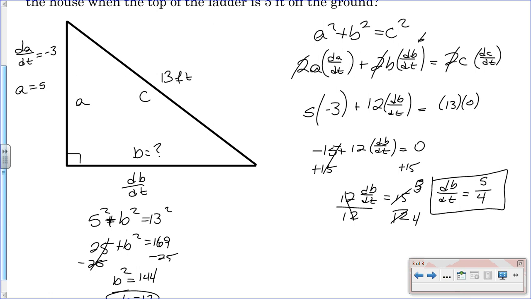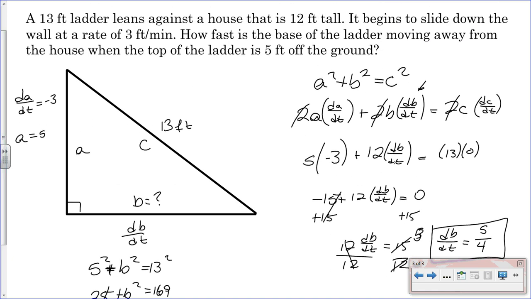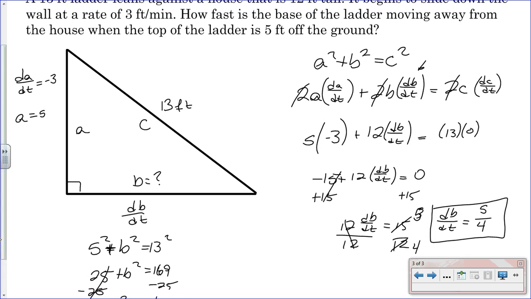And when you do a triangle question, you're always going to use the Pythagorean theorem. So you take the derivative of that formula, then you find the side length you're missing, if you're missing one, using the Pythagorean theorem. Simply plug in your values and solve for what you're trying to find.